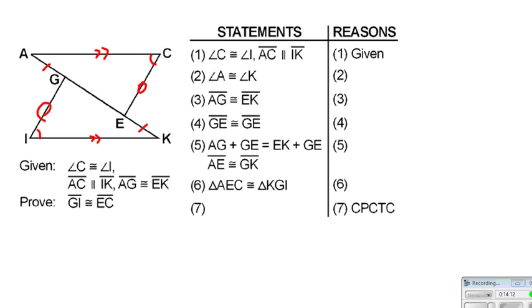Now, once again, I want you to look at this picture for a second, because all I have done was simply mark it based upon the givens. But do you realize that this middle portion, GE, is overlapping between those two triangles? And GE is congruent to GE, which I'm going to just write down as reflexive right here. They should be equal to each other. And number 5 would have been the addition postulate.